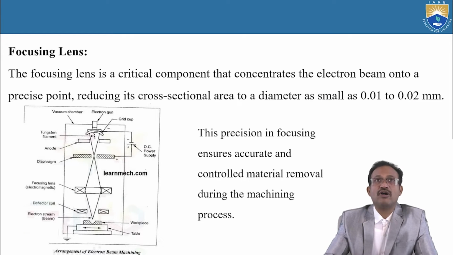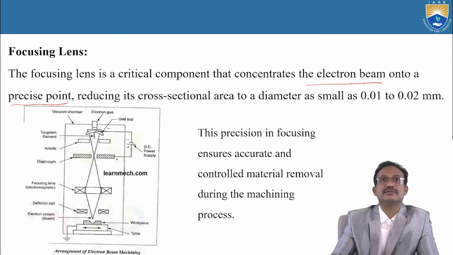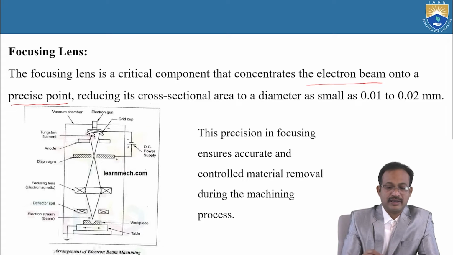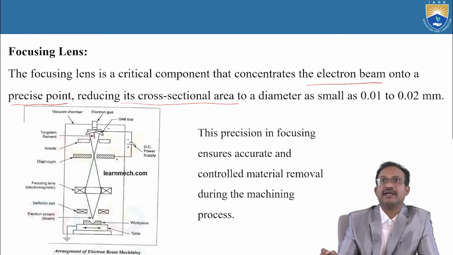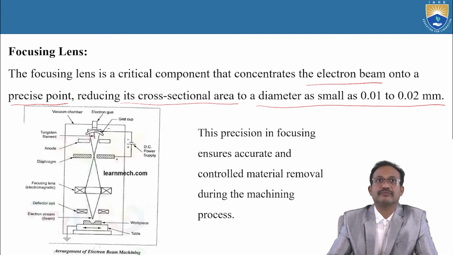Next, the focusing lens. The focusing lens is a critical component that concentrates the electron beam onto a precise point, reducing its cross-sectional area to a diameter as small as 0.01 to 0.02 mm.